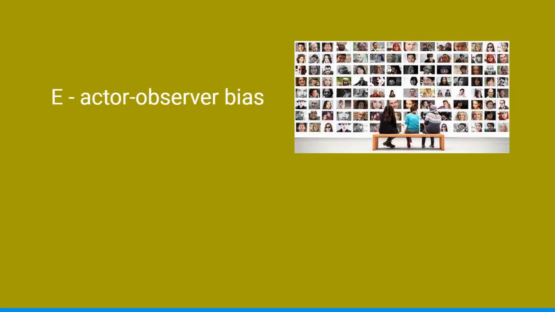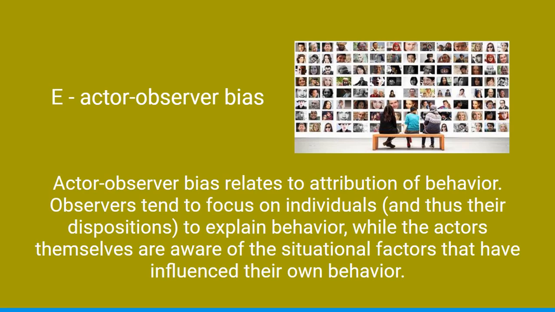And this would be E, actor-observer bias. Actor-observer bias relates to attribution of behavior. Observers tend to focus on individuals, and thus their dispositions, to explain behavior, while the actors themselves are aware of the situational factors that have influenced their own behavior.